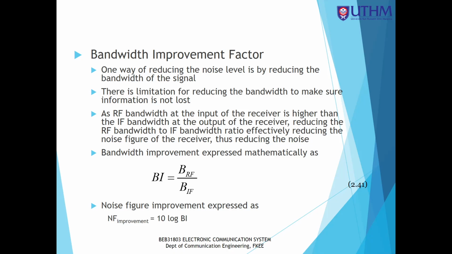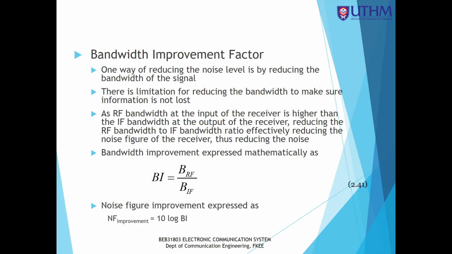The third parameter is the bandwidth improvement factor. Bandwidth improvement factor is equal to the bandwidth of RF divided by the bandwidth of intermediate frequency.